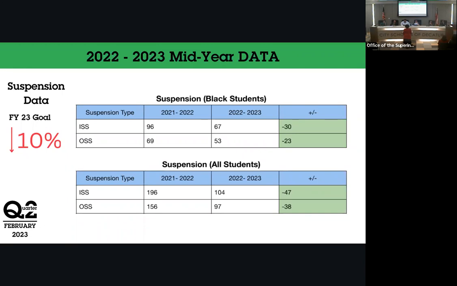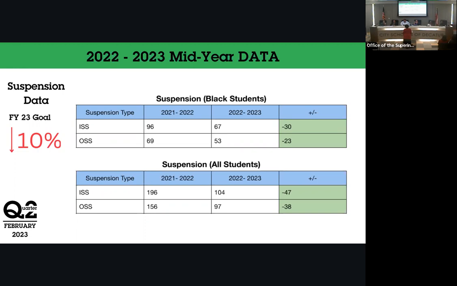Note that in mid-year data for ISS and OSS, we don't always see it start to taper off. Looking at it year over year, this part of the year, until the end of the school year, is when we really have to redouble our efforts to look at alternatives to suspension.